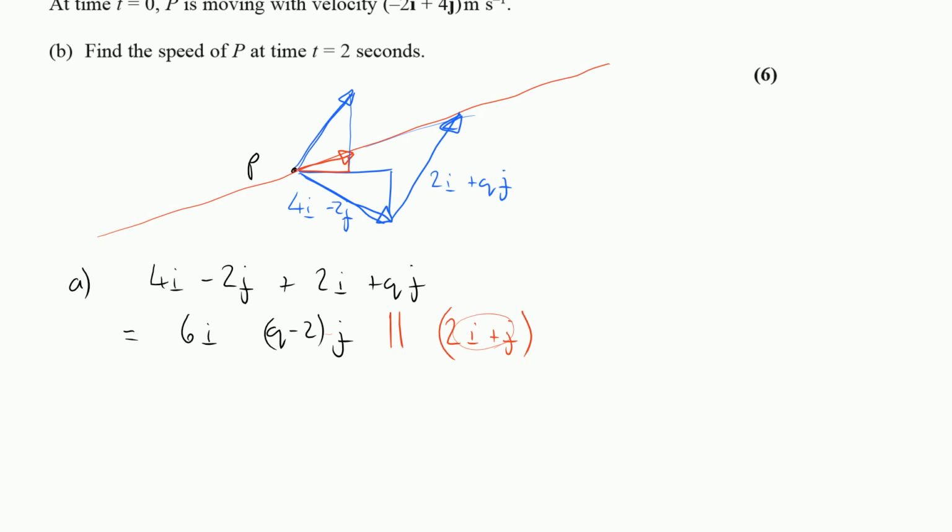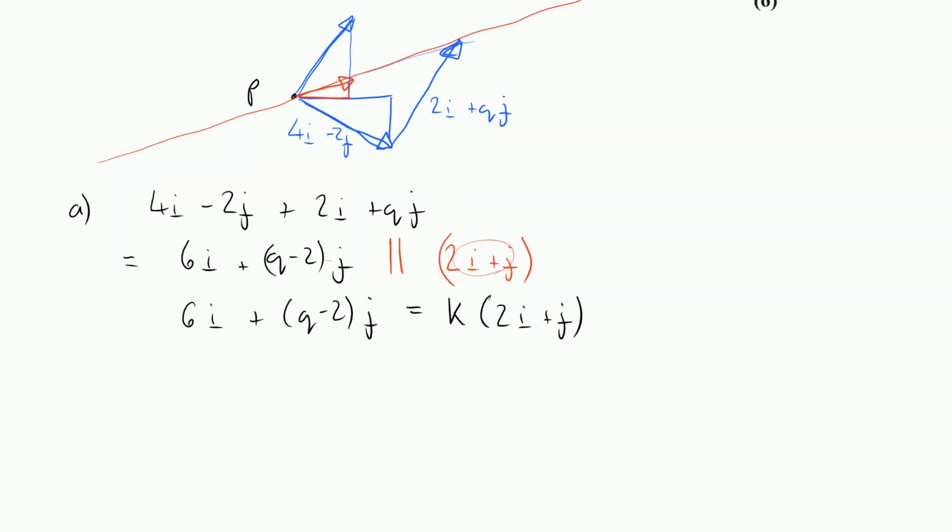That is, I can write 6i plus q minus 2 j will be equal to some scalar multiple k of 2i plus j. Now by comparing the i coefficients, I can quickly work out the value for k, and it's easy enough to see that k is going to be 3. So to get this resultant vector I just need to do 3 lots of this direction.